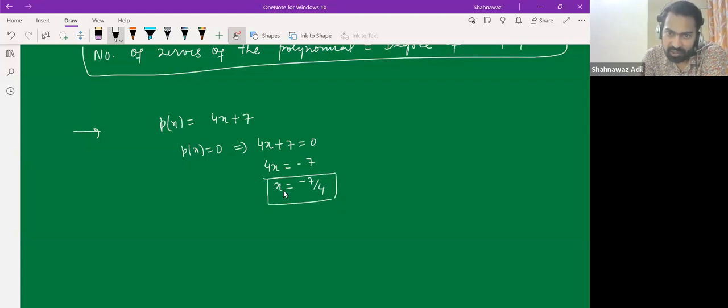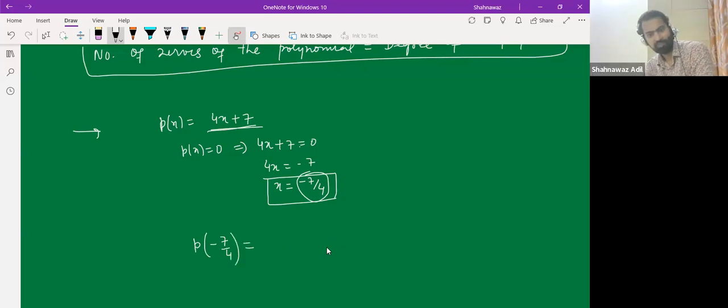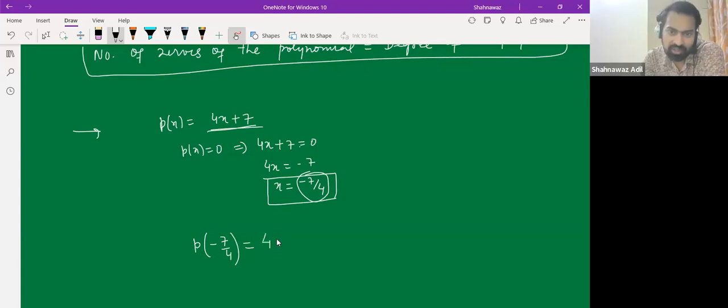Which means that x equal to minus 7 by 4 is the zero of this polynomial, right? So if I put x equal to minus 7 by 4, how much should I get? 0.